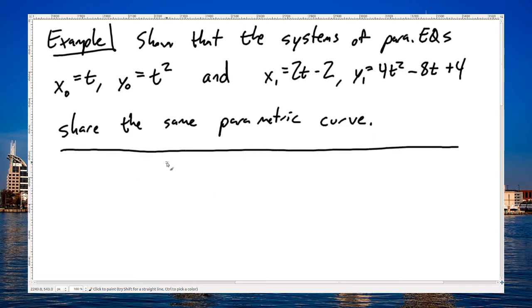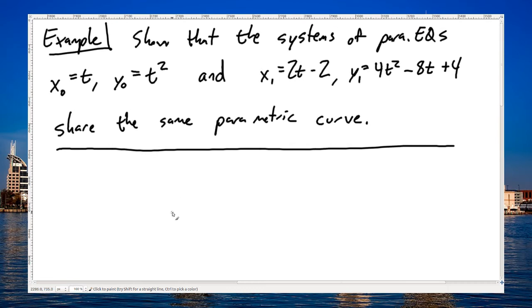Let me draw a picture that explains why I think this should be true. This doesn't really help me solve the problem definitively, but if I were to take these and plot both of them, what would that look like? So I could do my chart of t, x, and y values.